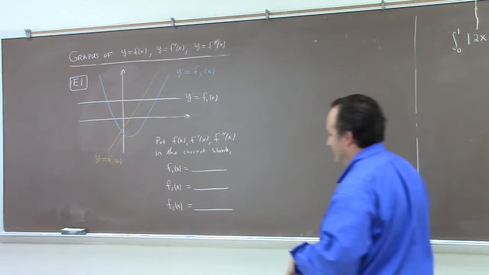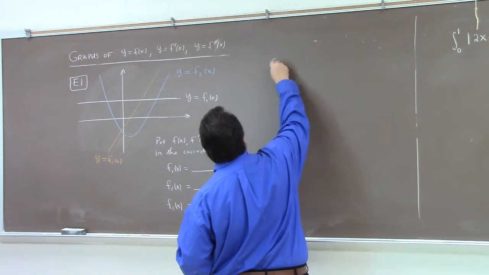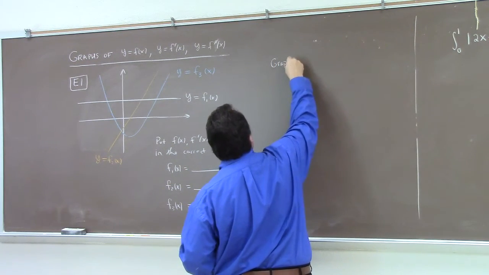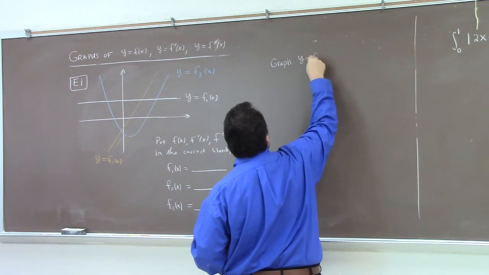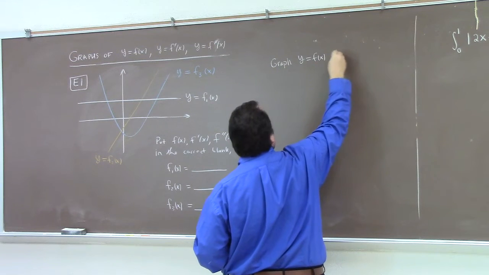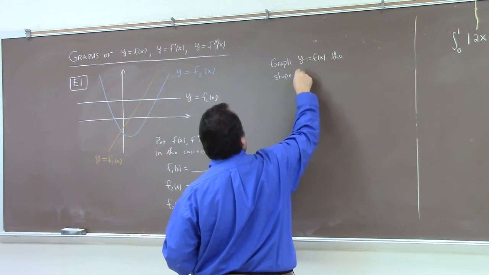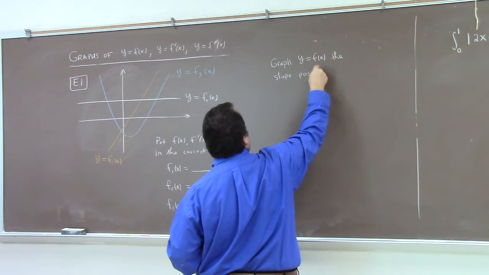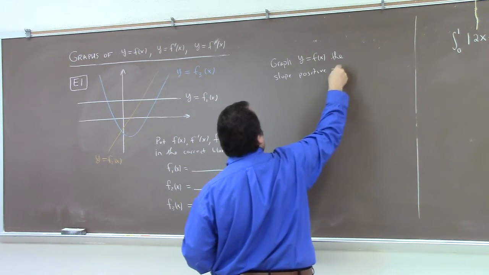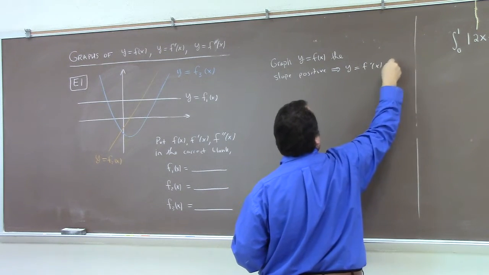Let me write down a sentence which is true, right? So for the graph y equals f of x, the slope positive implies y equals f prime of x greater than 0, right?